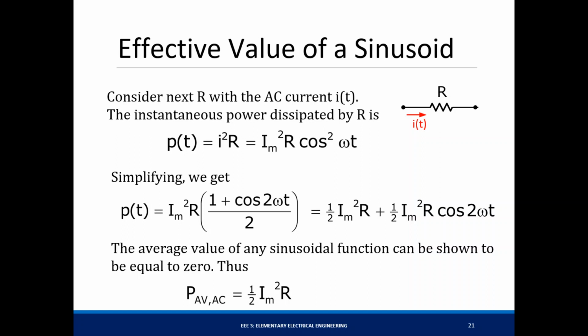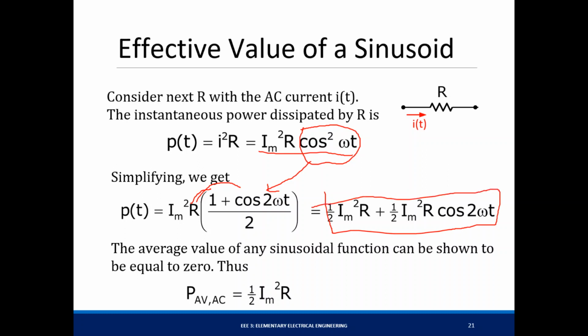So just multiply I by itself and multiply by R. Get this expression right here. If we want to get the average power, first you convert this expression into this. Okay? So that's the half angle formula. And notice that if you distribute these terms, you'll get this expression right here.